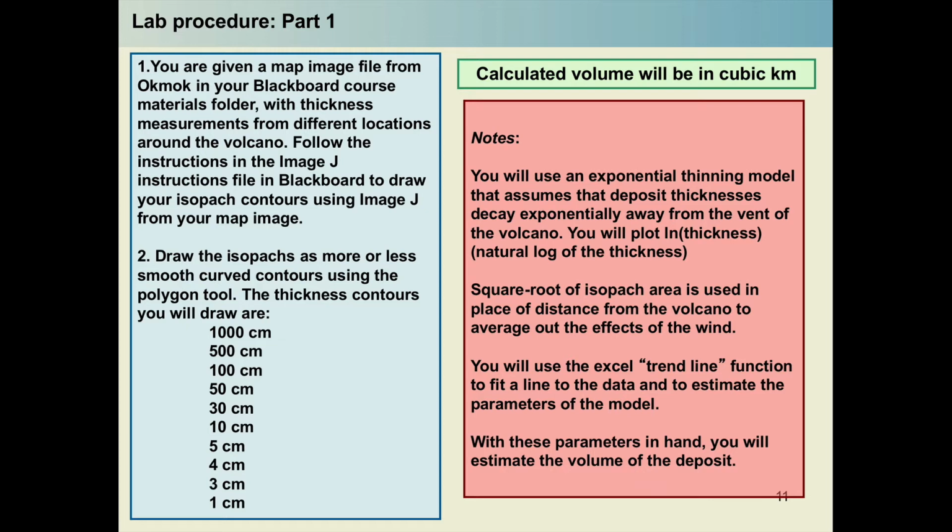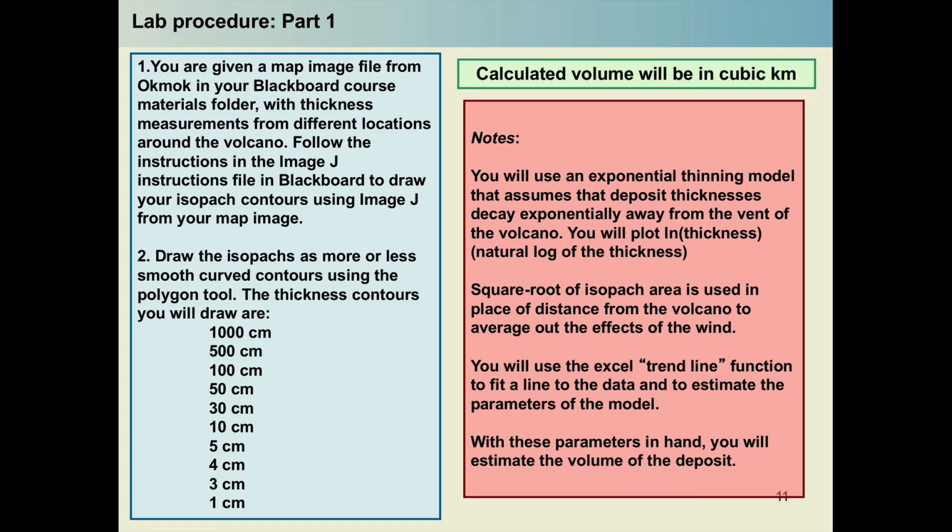I also give you instructions for how to set the scale so that you're reading your areas in ImageJ in kilometers squared. And you're going to want to use the set measurements menu option to set the measurements to automatically estimate areas from your drawn isopacks.